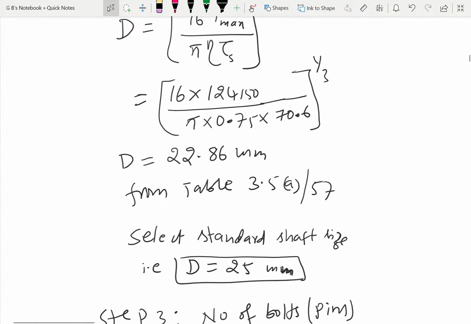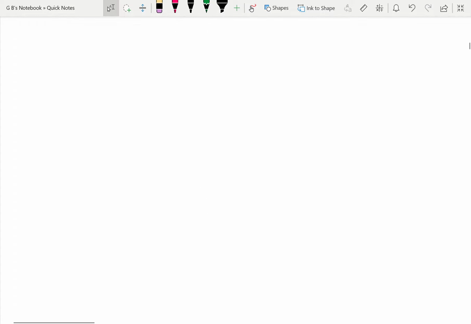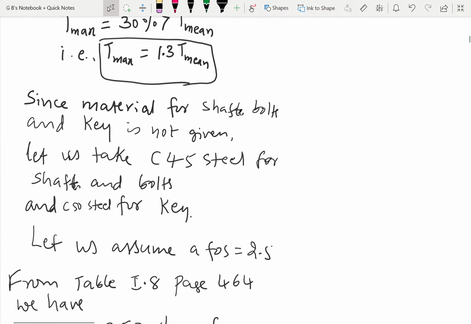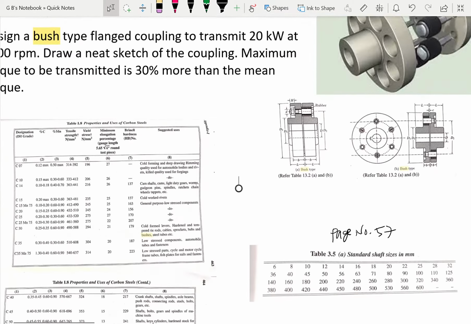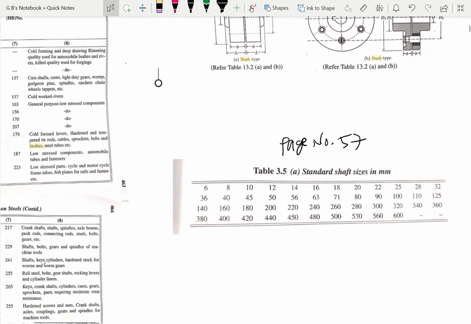From table 3.5, page 57, we select a standard shaft size as 25 mm. In that particular 4th edition data handbook, after 22 mm we have 25 as the standard shaft size. So 25 mm is taken.